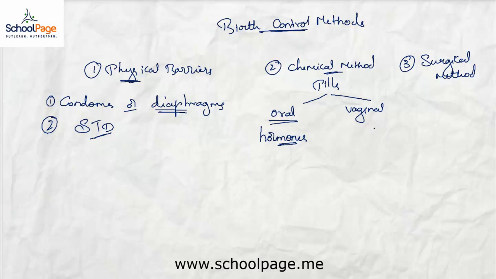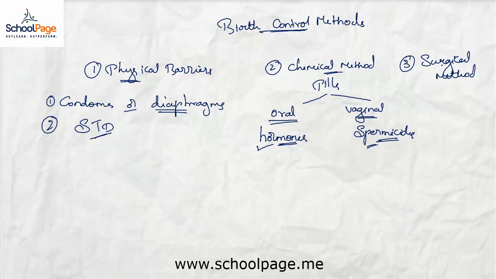Whereas the vaginal pills are made of spermicides, and these spermicides are nothing but the chemicals which kill the sperms, thereby making them unavailable for fertilization. So you can see here, hormones prevent ovaries from releasing egg and the spermicides kill the sperms. In both the cases, the egg is not fertilized. So this is one of the methods of birth control.